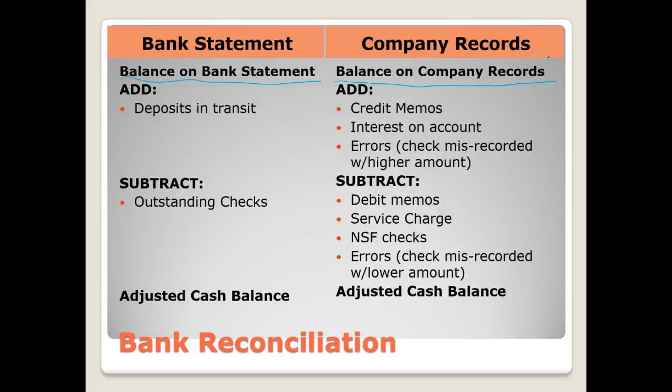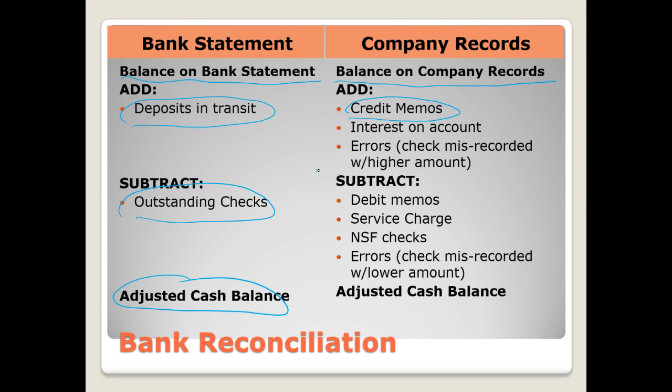Now, on the left-hand side, you would add any deposits in transit, deposits that you had recorded on your company records but had not been shown on the bank statement. You would subtract any outstanding checks and you would get the resulting sum at the bottom that you'd call your adjusted cash balance.